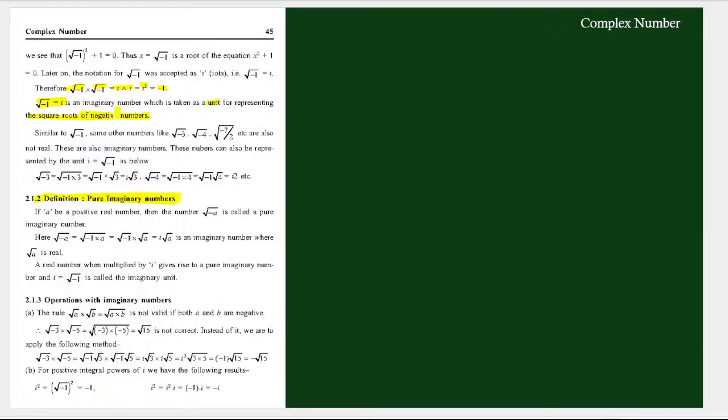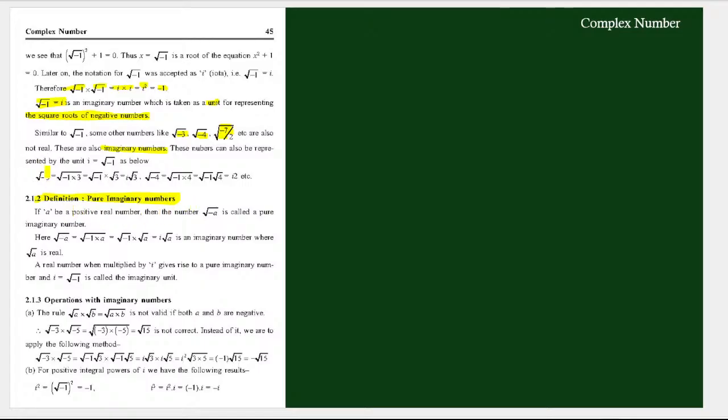So i is just like a symbol to represent the square root of negative numbers. Now see here, root over minus 3, minus root over minus 4, root over minus 7 by 2. These are all not real. Why are they not real? Because they are under a square root of a negative number. So these are all your imaginary numbers.